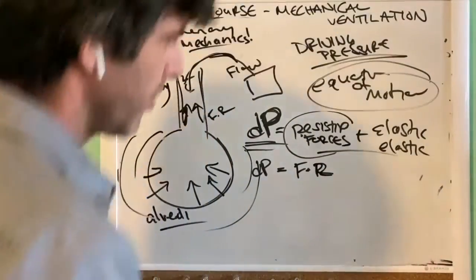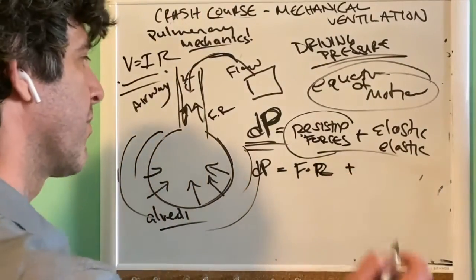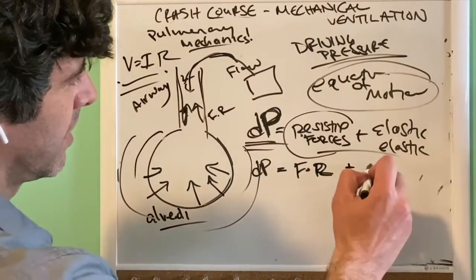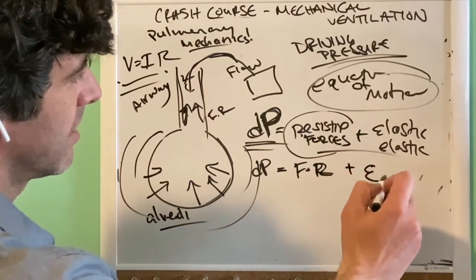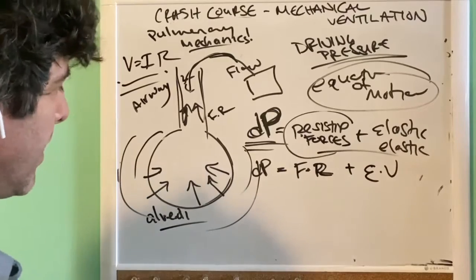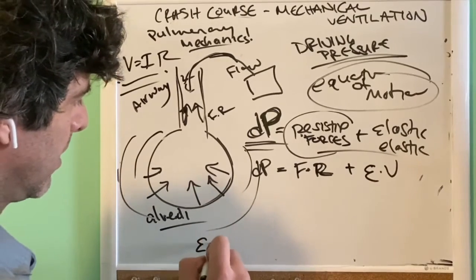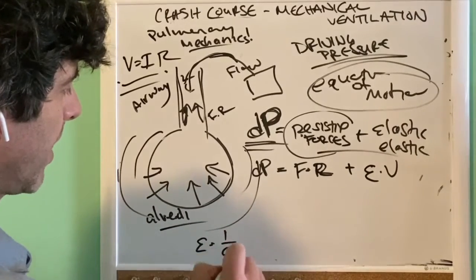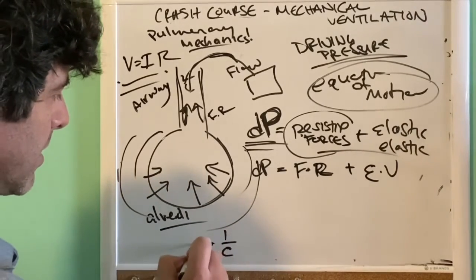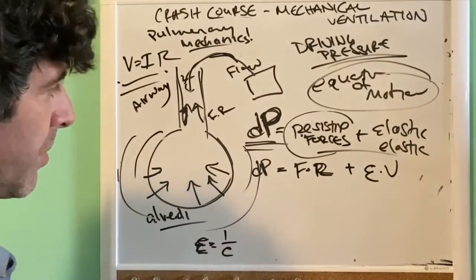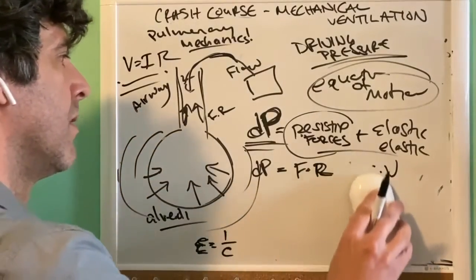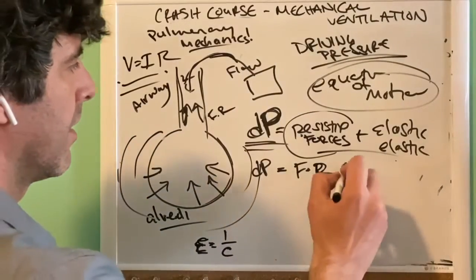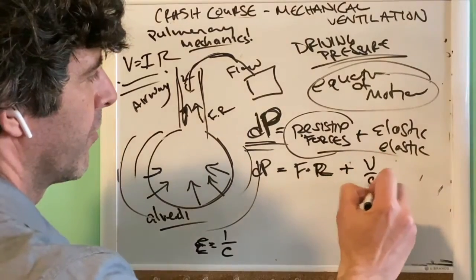And what are the elastic forces? Well, the elastic forces equal essentially the elastance times the volume. Now, elastance is the opposite of compliance, the inverse of compliance, so this can also be written as volume over compliance.